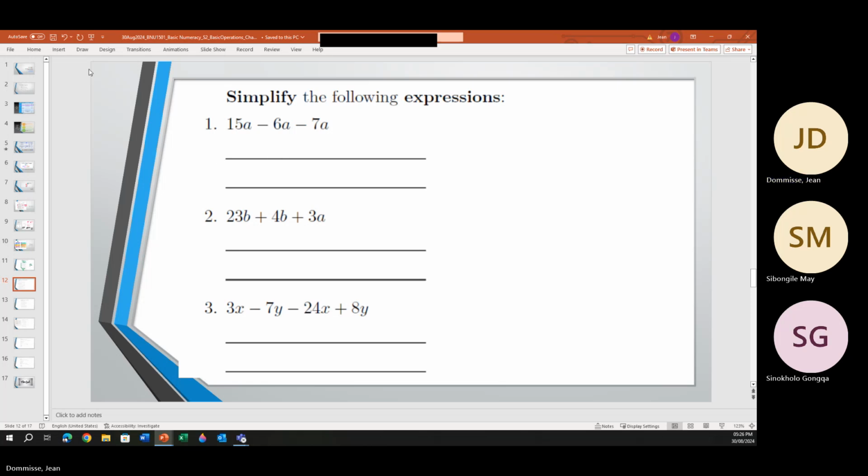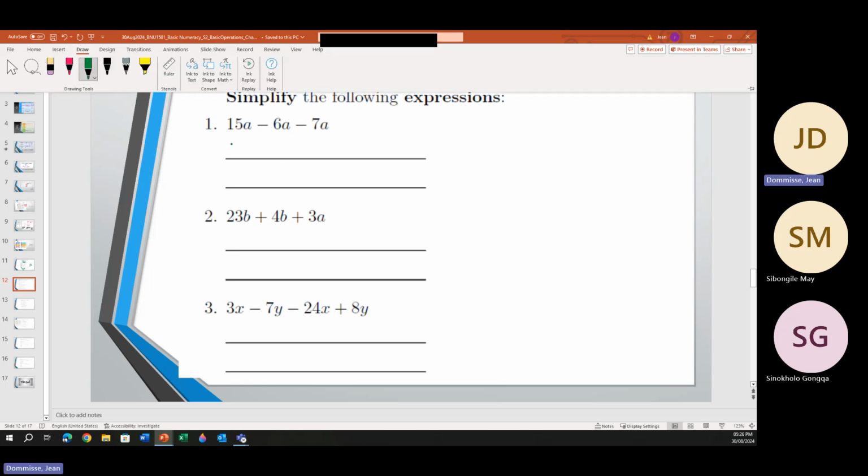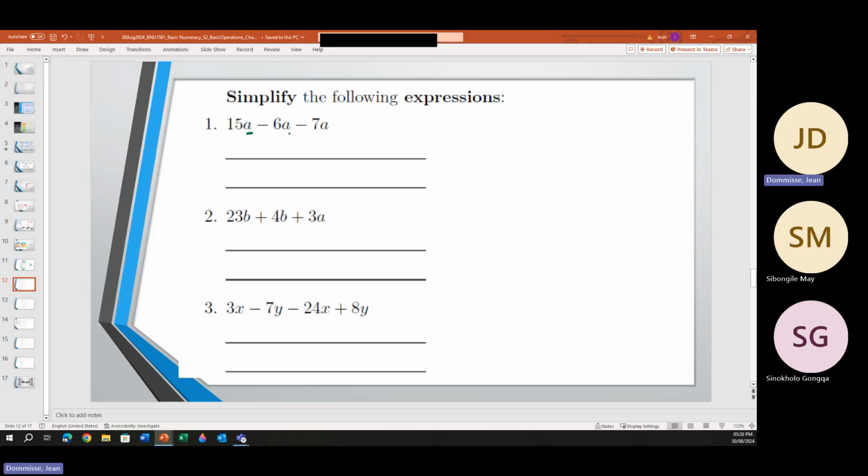When we have the same variables, so all of them are a's, then we can add all of them together. So we can say 15a minus 6a is 9a.